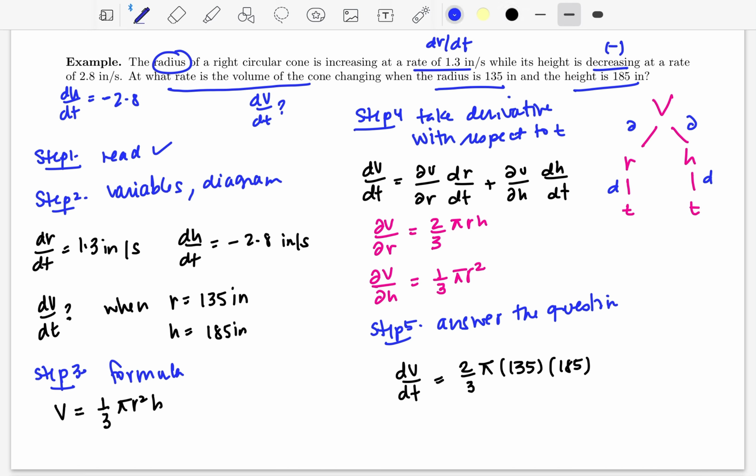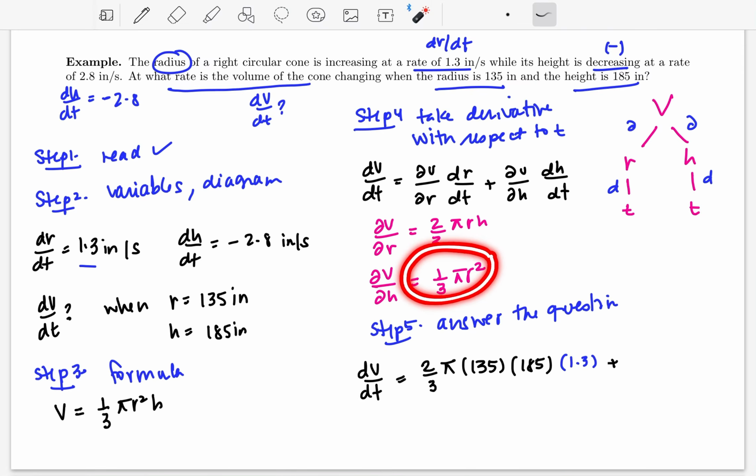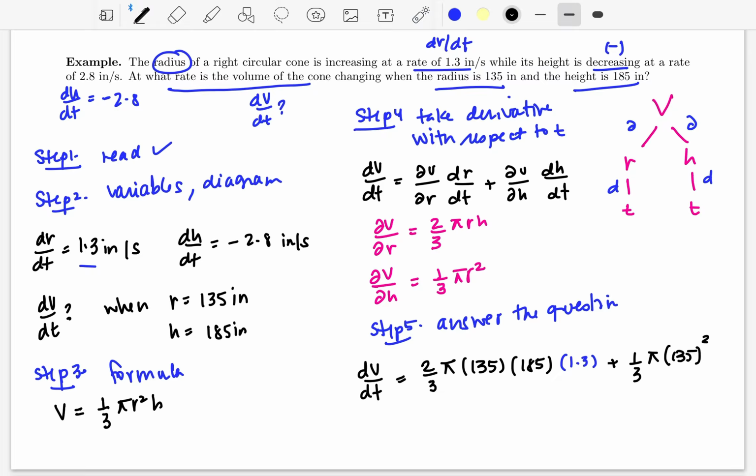Well, dr/dt according to this is equal to 1.3. And then I get plus dV/dh. So dV/dh, when r is equal to 135, that gives you 1/3 pi, and then 135 squared, dh/dt, which is negative 2.8. So let me make it blue.